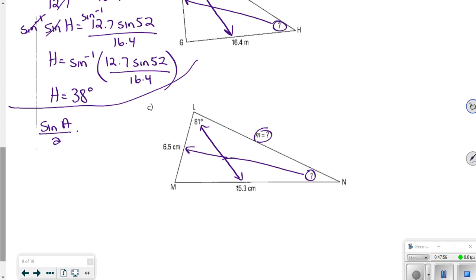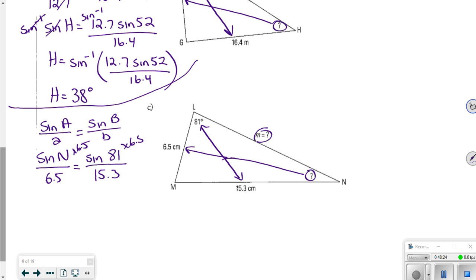Sine A over A equals sine B over B. In this case, my angle is called N, so sine of N over the side across from it, which is 6.5, equals sine of the other angle I know, which is the 81, divided by the side directly across from it, which is the 15.3, times by the 6.5, and then inverse sine to get our angle.